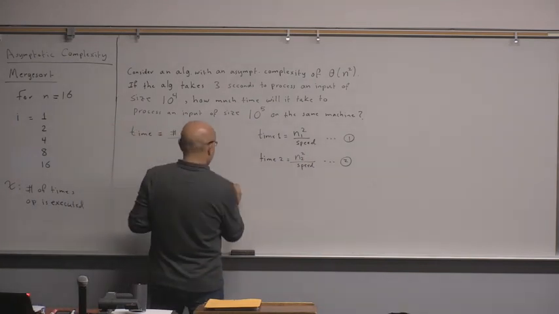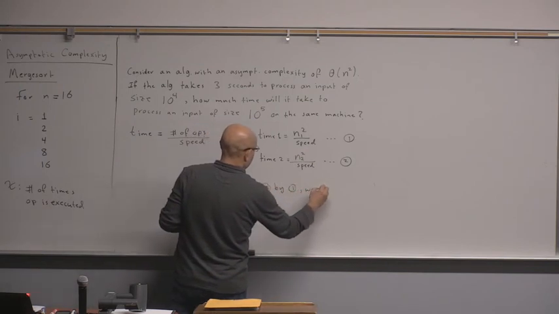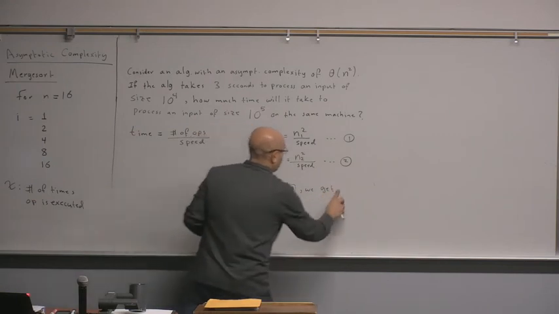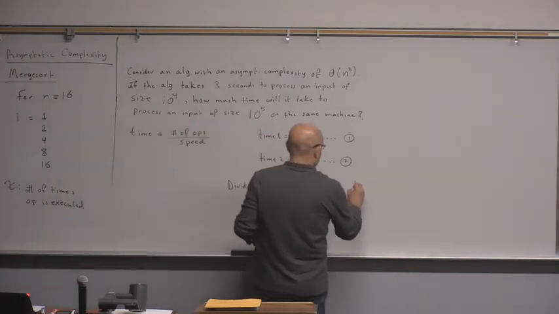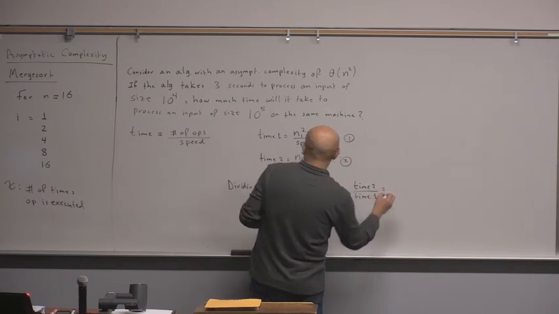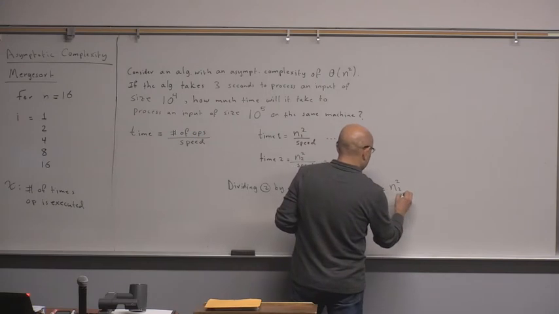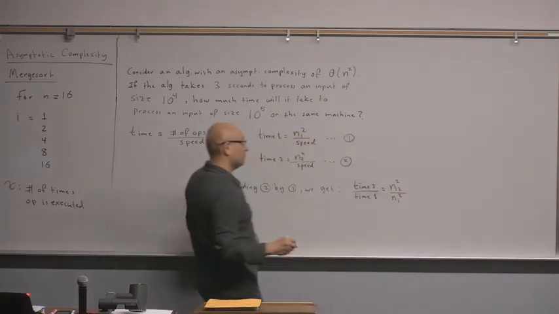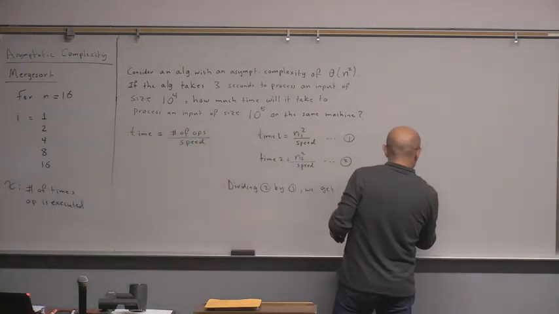So dividing 2 by 1, what do we get? We get time 2 divided by time 1 equals n2 squared divided by n1 squared, which is equal to n2 divided by n1, everything squared.